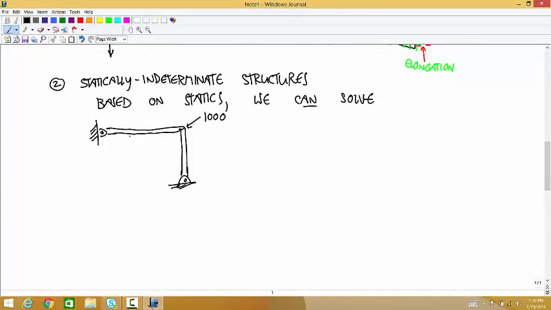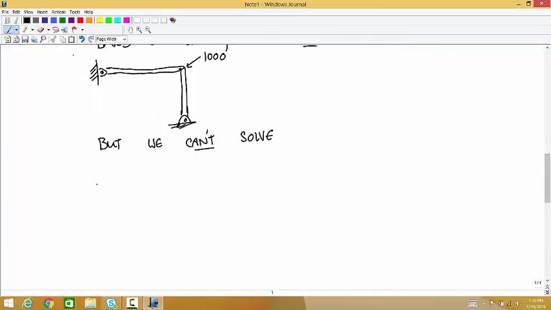But if I make some simple changes to this, we can't solve it if it looks like this. I'll just make one change to this. So that's still a pin joint.